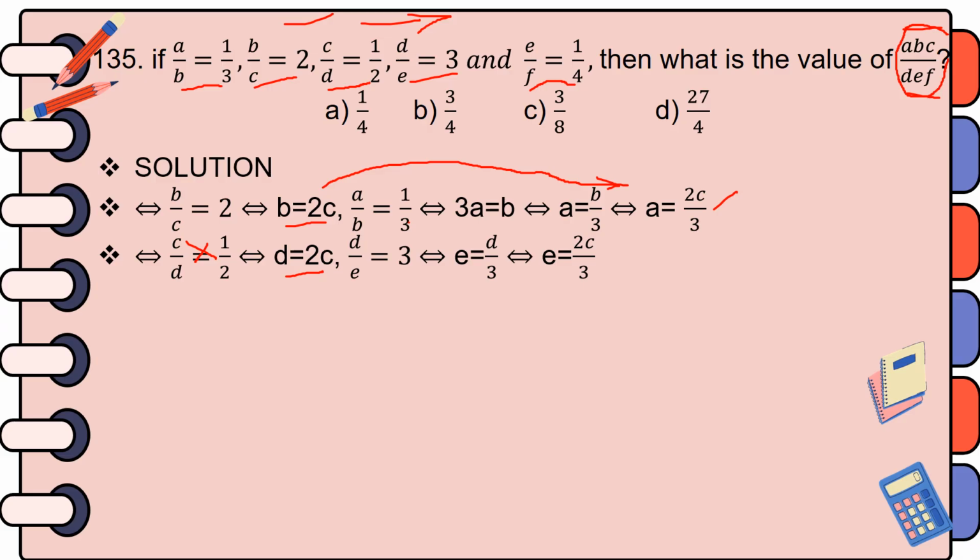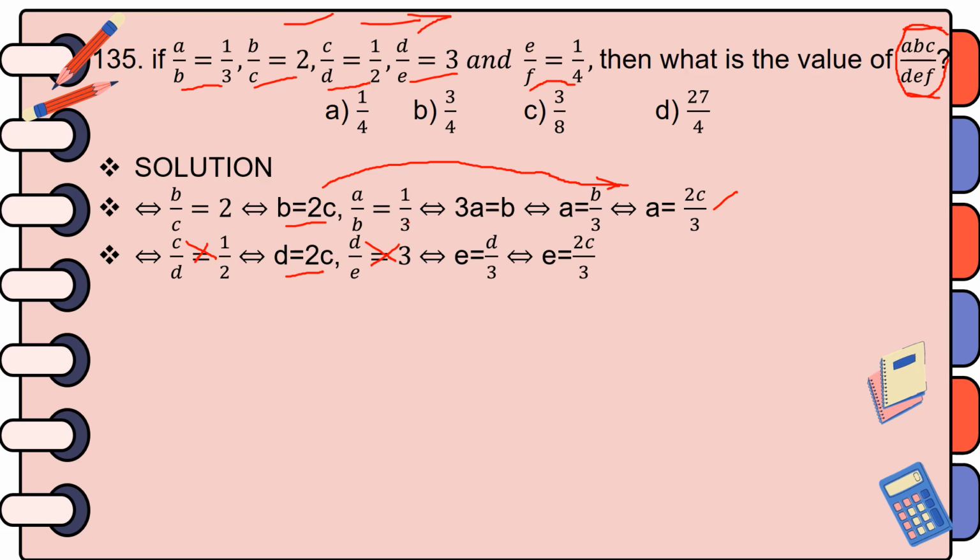Now, again, you are given D over E is equal to 3, and from this, crisscrossing, you get 3E is equal to D. From that, express E in terms of D. E means D over 3.